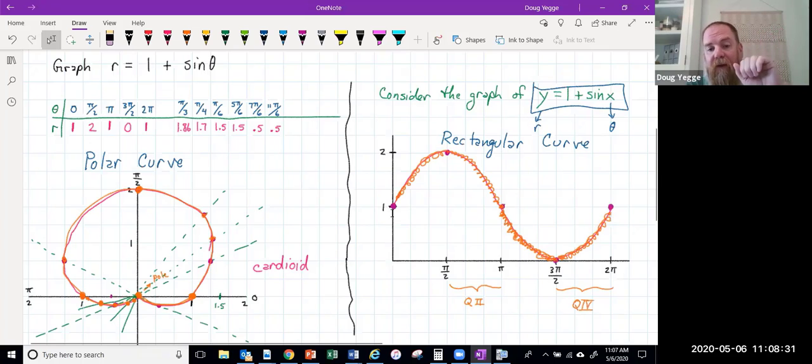And then I could see that the radii increase in the first quadrant, the radii decrease in the second quadrant, the radii continue to decrease in the third quadrant, and the radii increase in the fourth quadrant. So this graph, y equals 1 plus sine x, is just helping us to construct this graph over here. So this is the graph of r equals 1 plus sine theta.